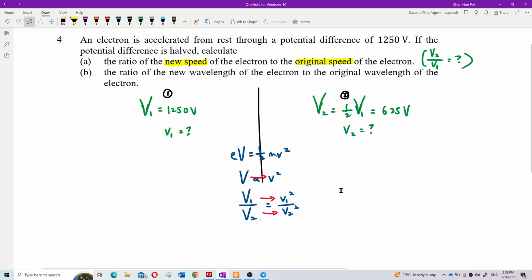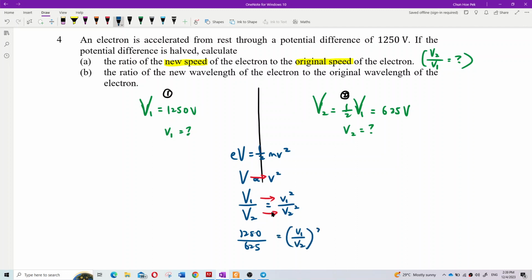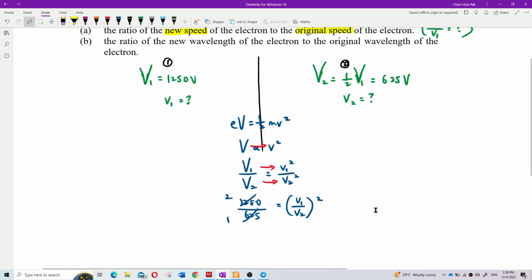Okay, so we can have this equation. So this is 1250 over 625, and this one is v1 over v2 square. So cut this, it is equal to 2, and then we have v1 over v2 is root 2.